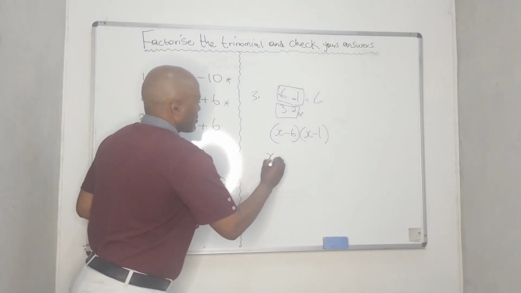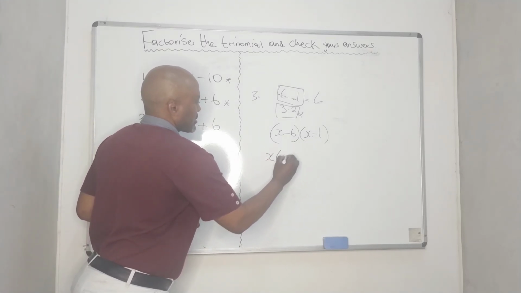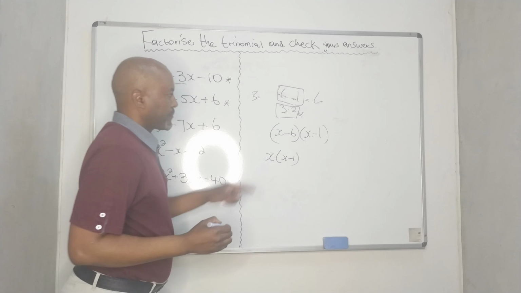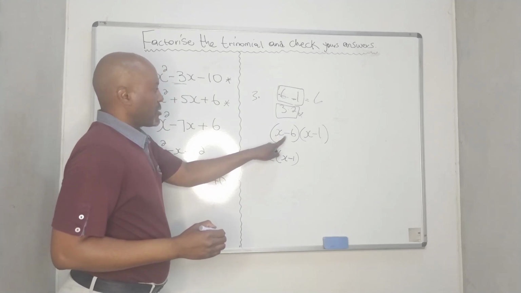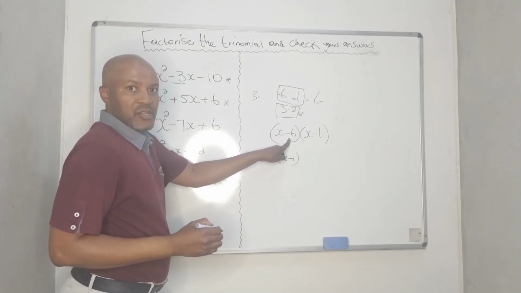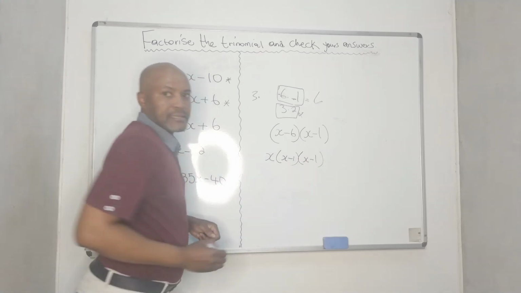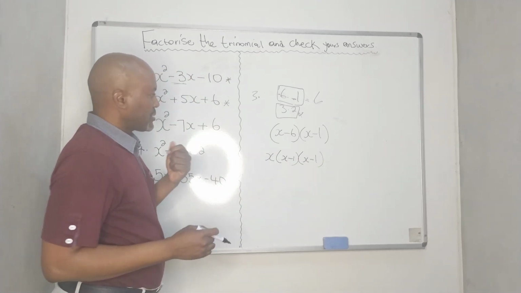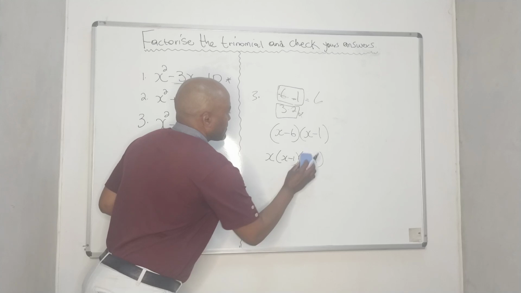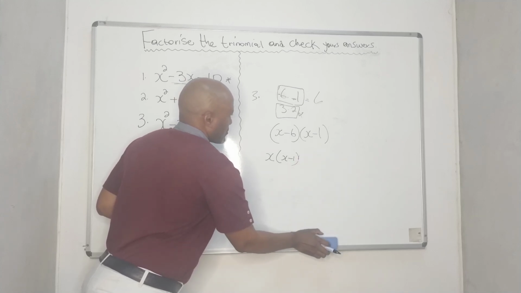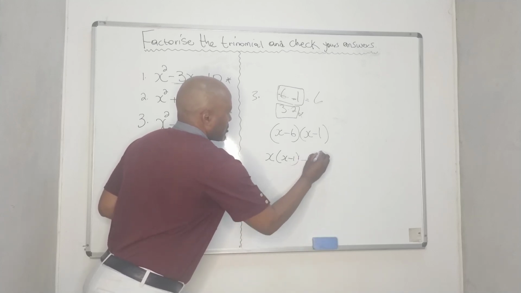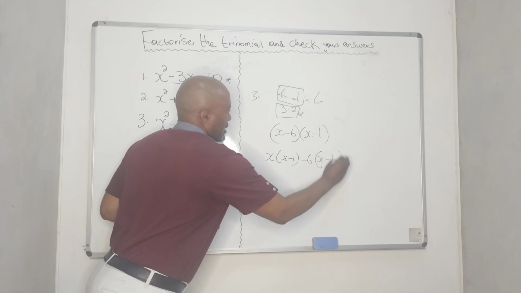Okay, so we need to prove. So x will multiply x minus 1, this x. Now this negative 6 will multiply x minus 1 again.